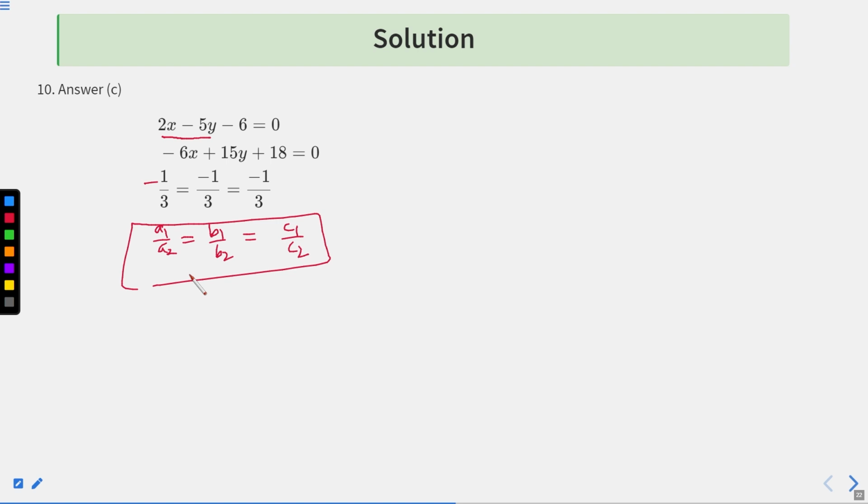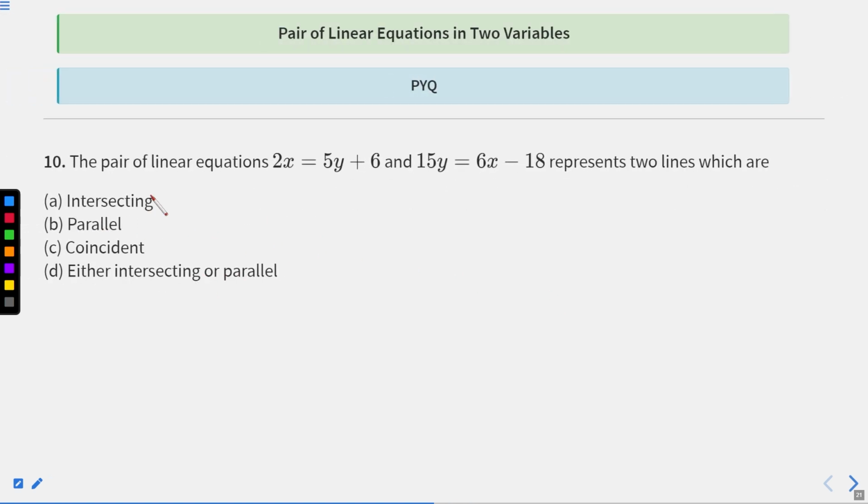That means the lines coincide with each other. Okay, so the pair of linear equations 2x is equal to 5y plus 6 and 15y is equal to 6x minus 18 represents two lines which are coincident. So here the correct answer is option number C.